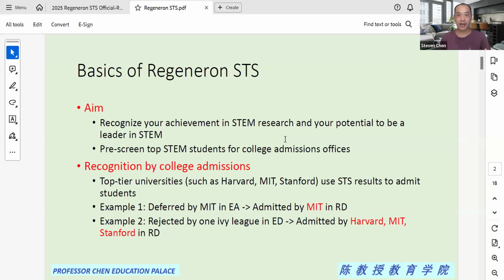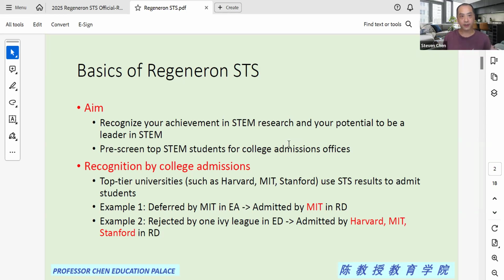First, they need to evaluate the STEM research that you did in your high school career. And also, based on your profile, they want to evaluate whether you have the passion and potential to continue to contribute to STEM research after you get into college.